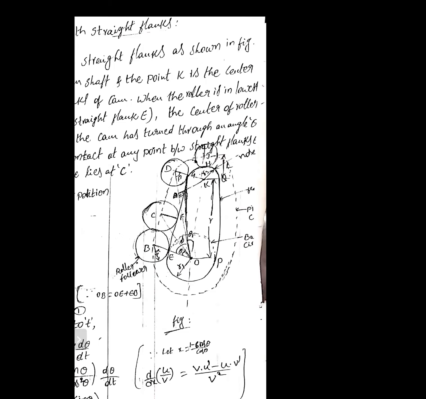Now going to observe the displacement of the follower for our first condition. What is the displacement of our follower? The displacement is also given here: OC minus OB, that means second position minus first position.